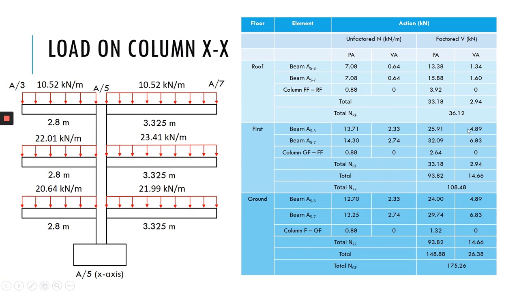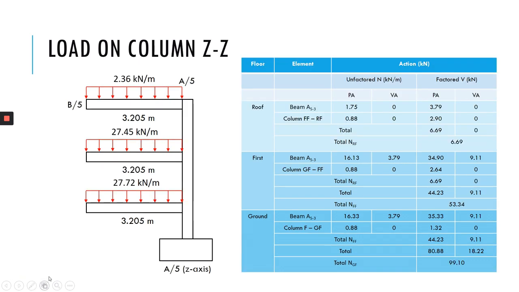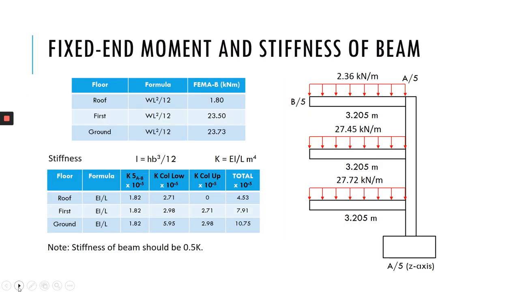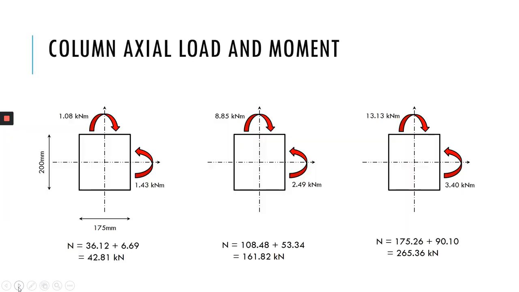Here is the value 36.12 from X axis, sorry, and then here from Z axis 6.69. Okay, so that's why you get the total value of your N here is 42.81. So same as the rest. Okay, same for this one. So here 265.36 kilonewton is the load that you are going to use in order for you to design your foundation.